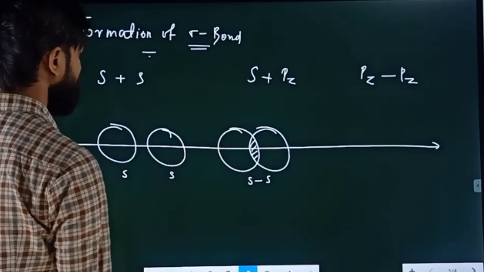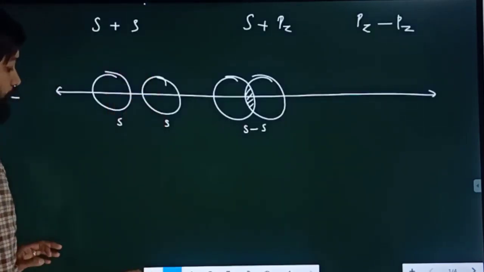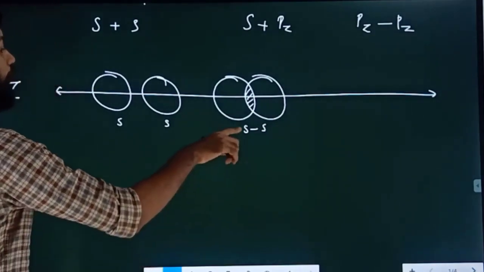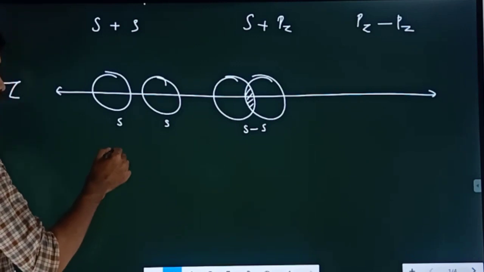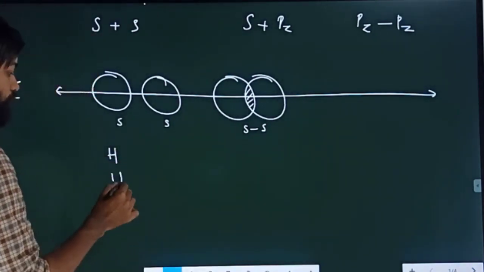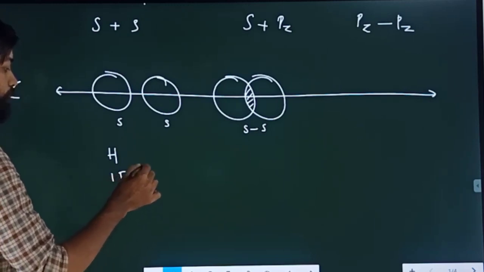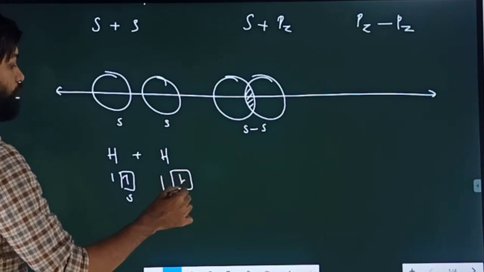So by means of SS overlapping, there forms a sigma bond. I'll give you an example here. I have two hydrogens of 1s1 plus another hydrogen of 1s1.